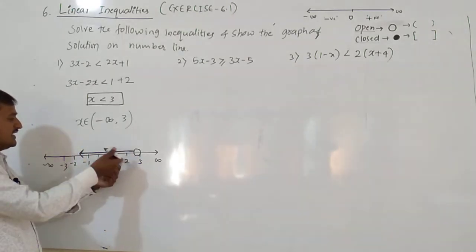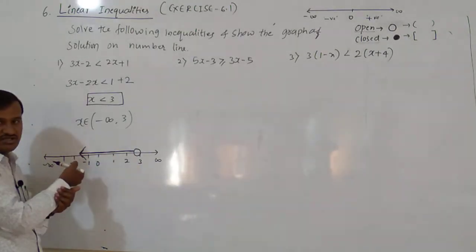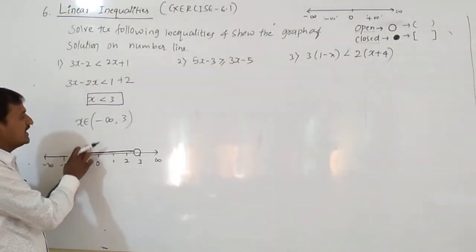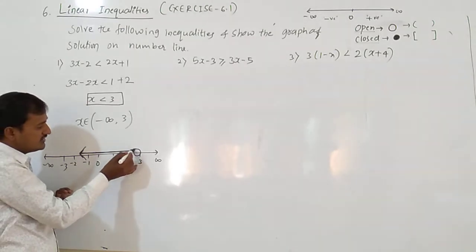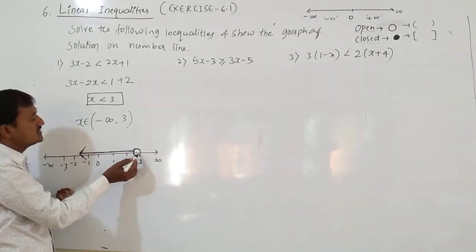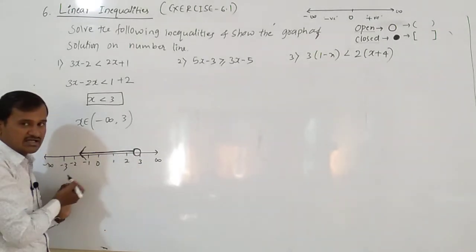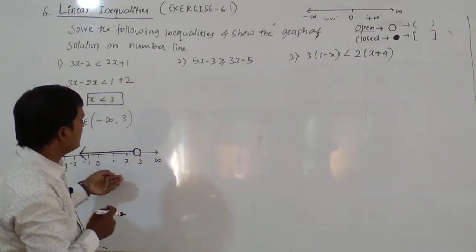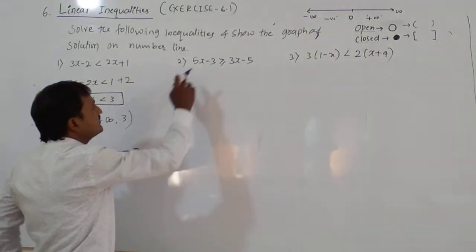The arrow mark here means left side, right? So this arrow mark shows that the value of x is less than 3. And here I have taken the open circle because this is an open interval. If it is closed, you have to make the dark circle. Okay, so this is the solution of this inequality using the number line.